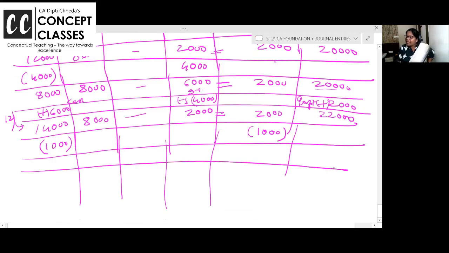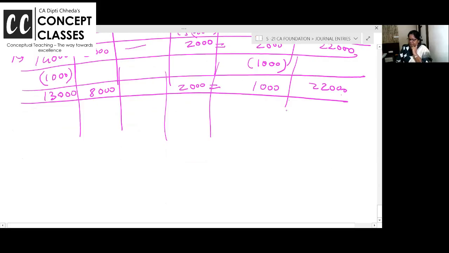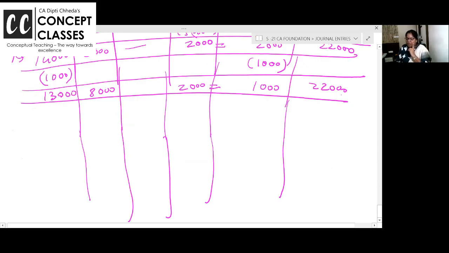Now what is the cash? 13,000. Plant same. Stock same. Now I have to pay only 1,000 because 1,000 I paid. 22 and 1, 23. And this side also 23. All clear? Next.